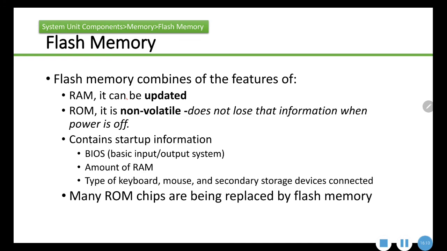Flash memory also contains startup information of the basic input output system, or BIOS, a certain amount of RAM capacity, and information about the type of input output devices connected to the computer. Also, many ROM chips are being replaced by flash memory. In the recent computer generation, many ROM chips are being replaced by flash memory because its features are better than ROM chips.